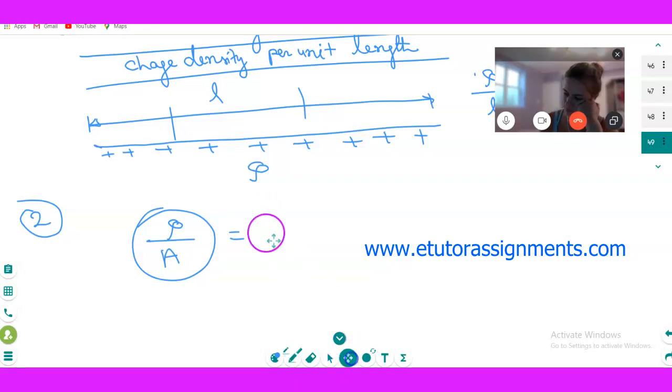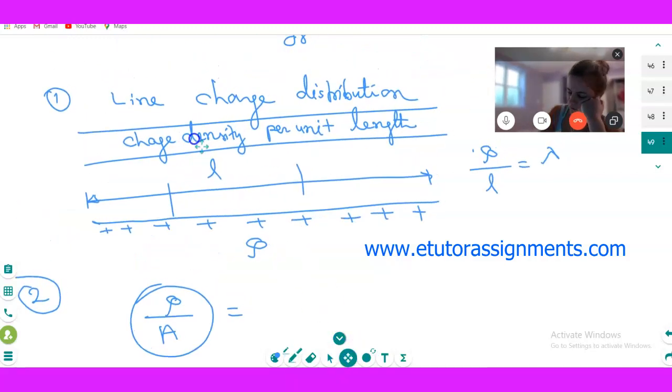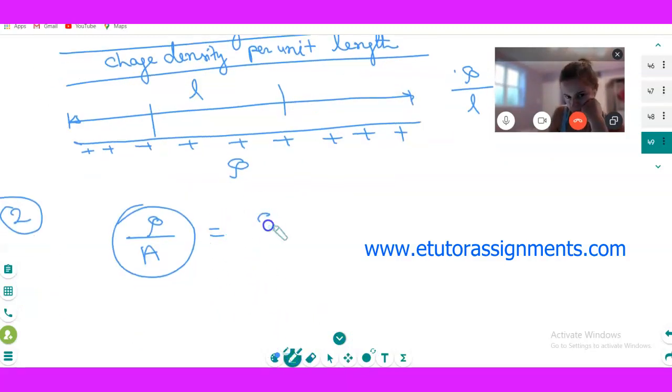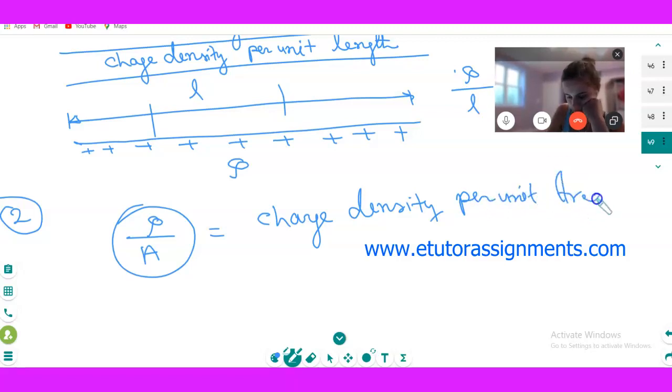Everywhere I am writing charge density: per unit length, and this one per unit area. Is it clear?